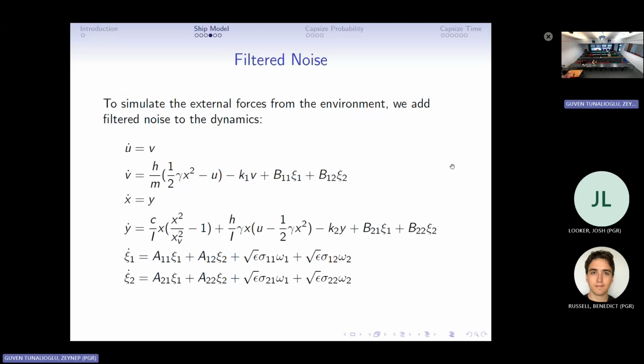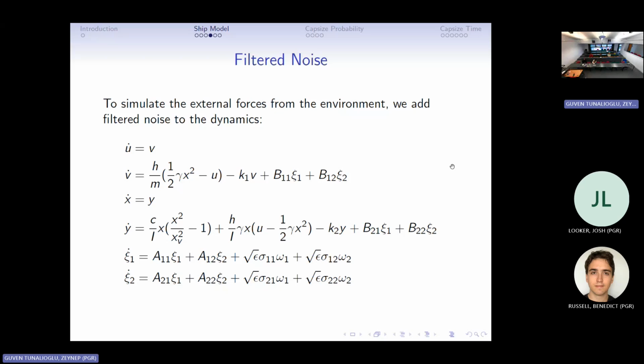Without any external forces or external waves, the ship won't capsize at all. It will just stay at its stable equilibrium forever. But the noise, or the external perturbation, is what makes the ship capsize.